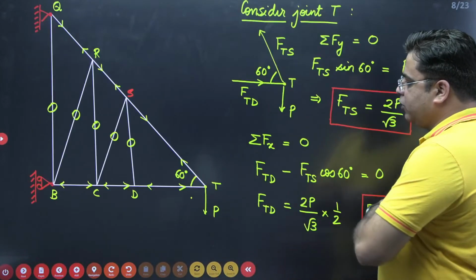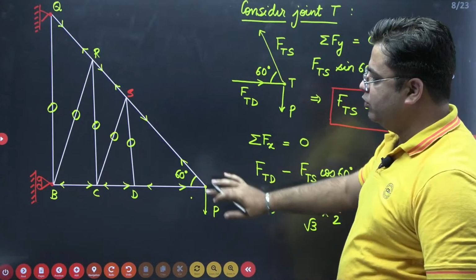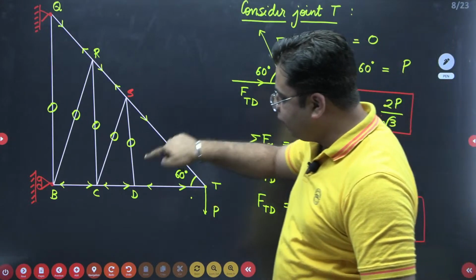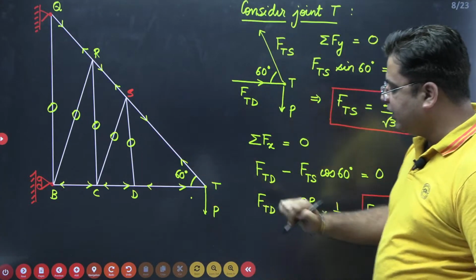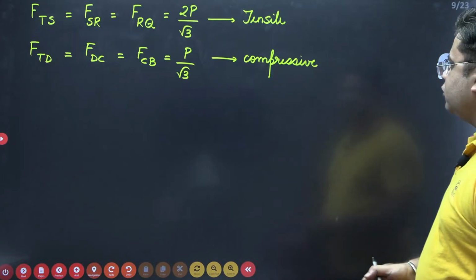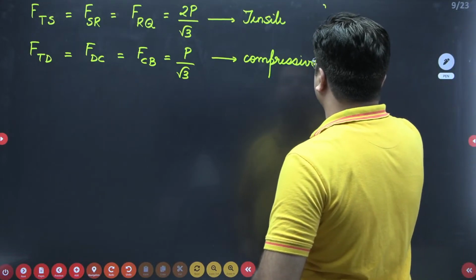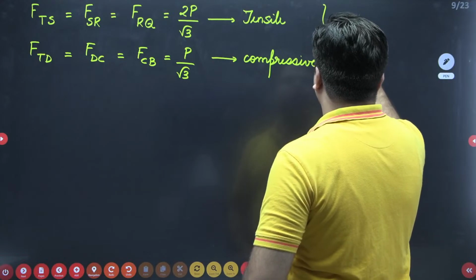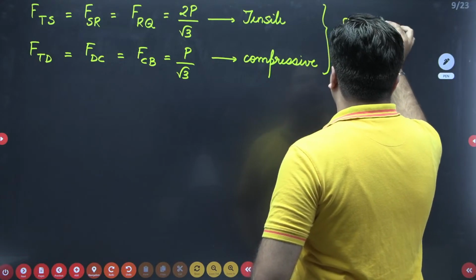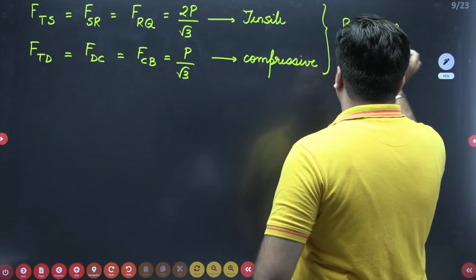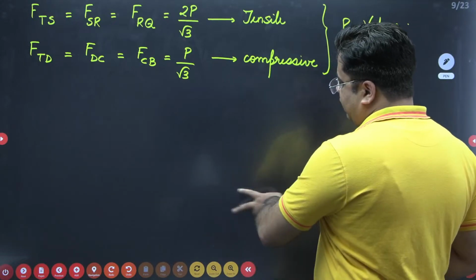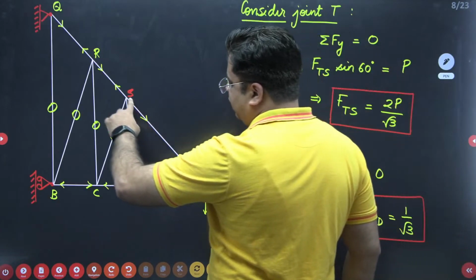Now step number 2. These are all my P values, that is the member forces due to the external load P. Now one more thing I need to calculate here, that is the length of the member.